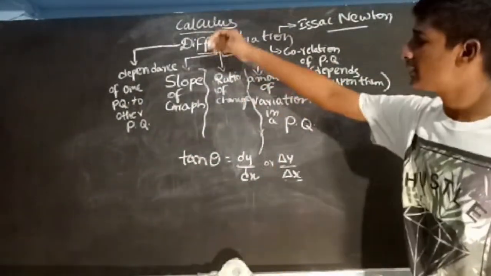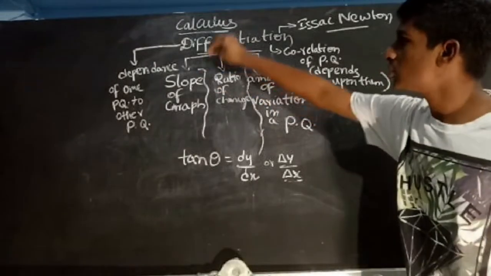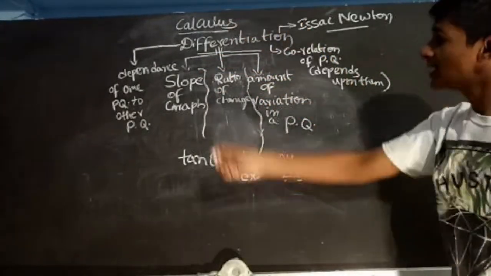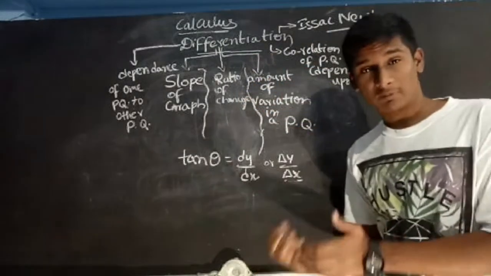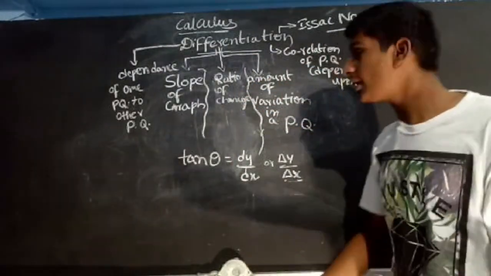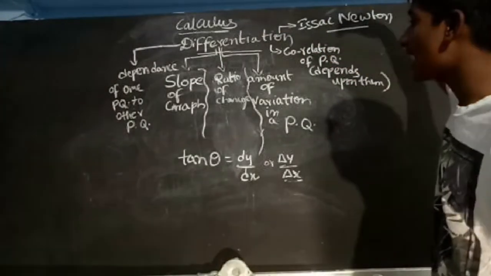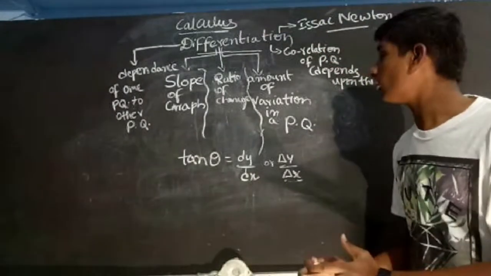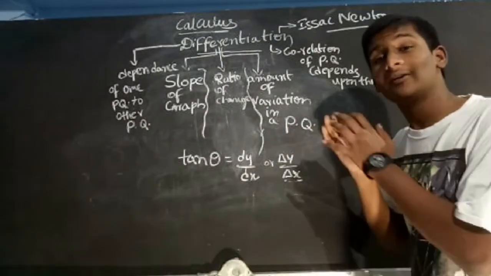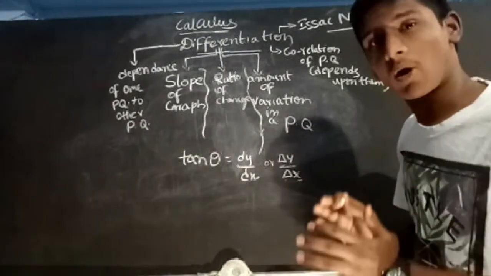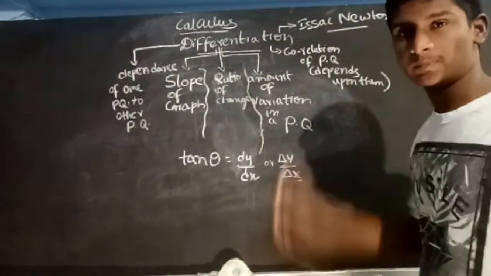In other words, the slope of a graph is also called differentiation, and the ratio of change in physical quantities we can also call differentiation, and the amount of variation in physical quantities we can also call differentiation.